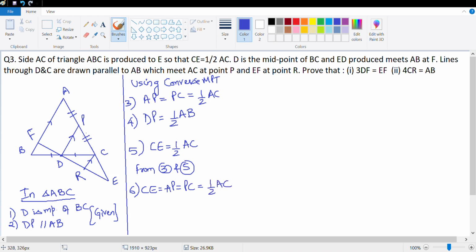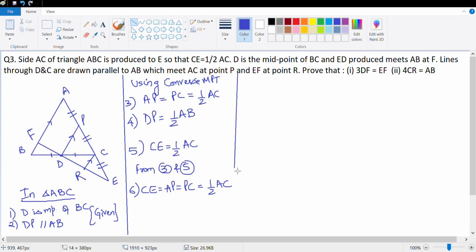So if I have put 2 lines here, which means CE, AP and PC are equal. Perfect. Now I can apply equal intercept theorem because I have a transversal, I have a group of 3 parallel lines, and EA and EF are transversals. If it is making equal intercept here, it will make this equal intercept on the other side as well.